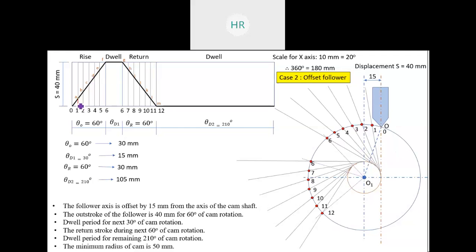Measure the distance 1 to A on the displacement diagram and transfer this distance on this cam profile diagram.